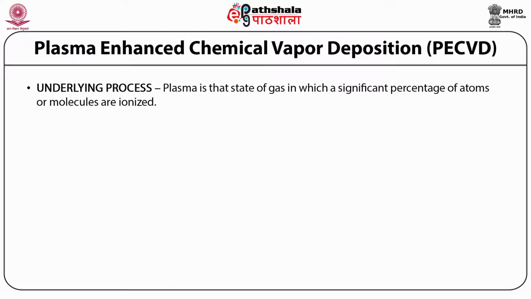Now, the underlying process in the case of PECVD is plasma, that is the state of gas in which a significant percentage of atoms or molecules are ionized.